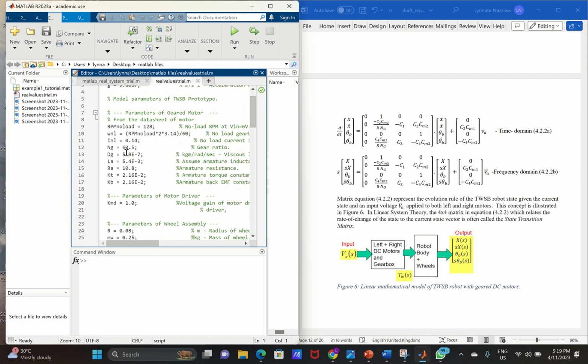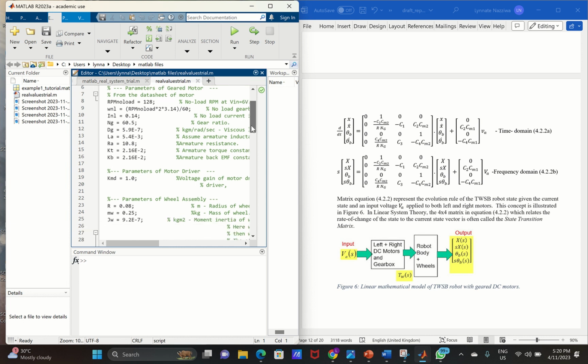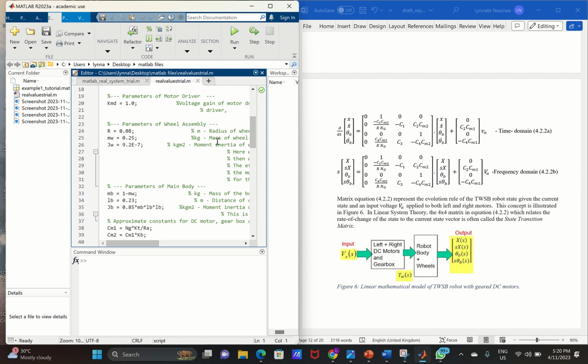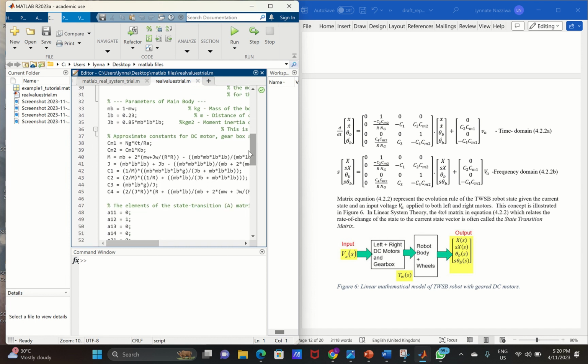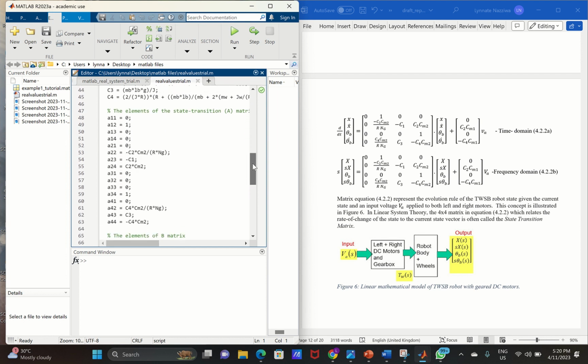For example, the armature resistance, the armature torque constant, the armature back EMF constant, the moment of inertia of the wheels, the radius of the wheels, the mass of the body, the distance from the center of gravity of the body, and many others.